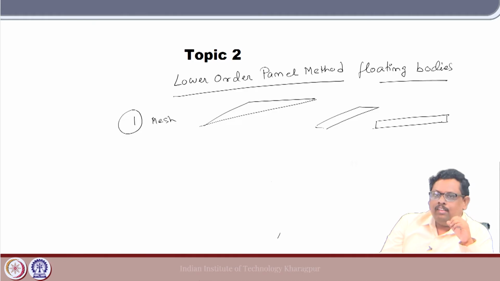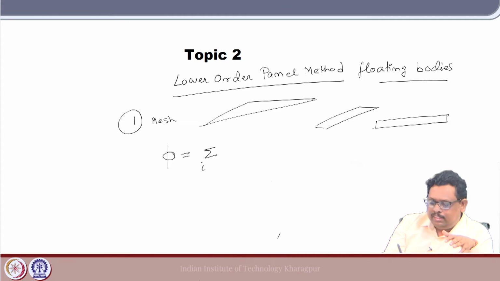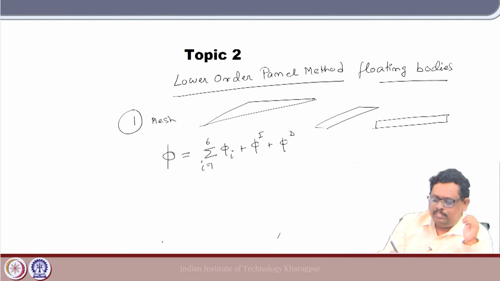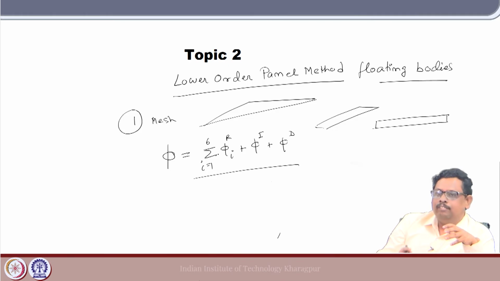And also we discussed the basic principle of the potential theory, how I get the radiation force, how I get the added mass, how I split phi into a number of components, like phi equals the sum over i equals 1 to 6 of phi_R_i, plus phi_I, plus phi_D. So, we split the total potential into a summation of different phi's, and each phi represents some part of the physics.